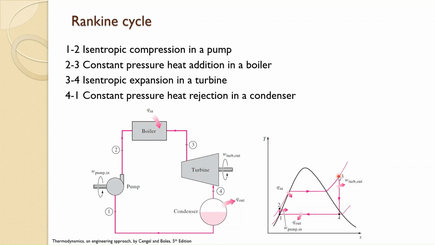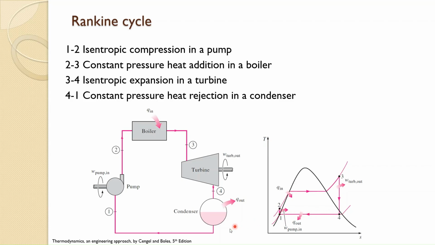So what happens here is that after the boiler, the steam enters the turbine, so the pressure drops because of expansion. And then we have an isentropic process, so we have a vertical line. So we jump over this line in the bottom, which is the next constant pressure line. Again, the heat is rejected in the condenser, and since you have a mixture of vapor and liquid, the temperature remains constant until everything is converted to liquid.